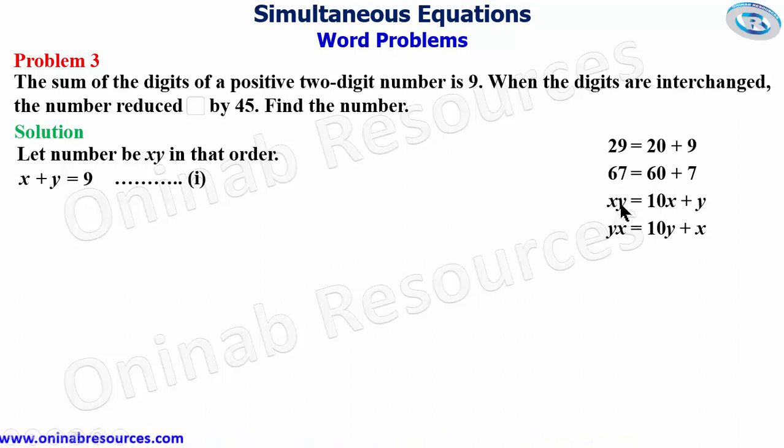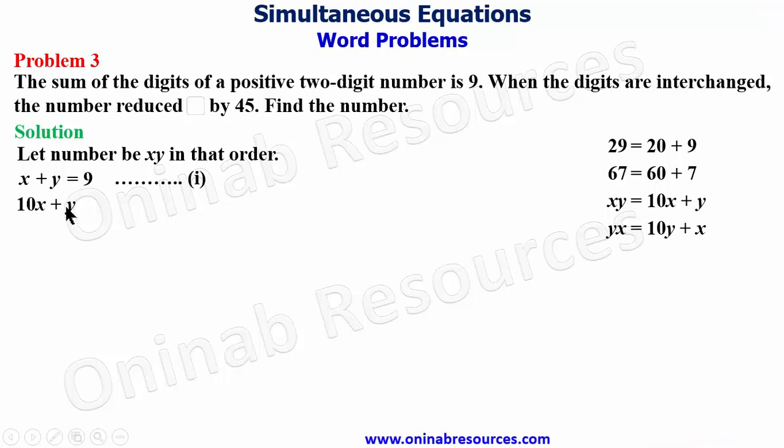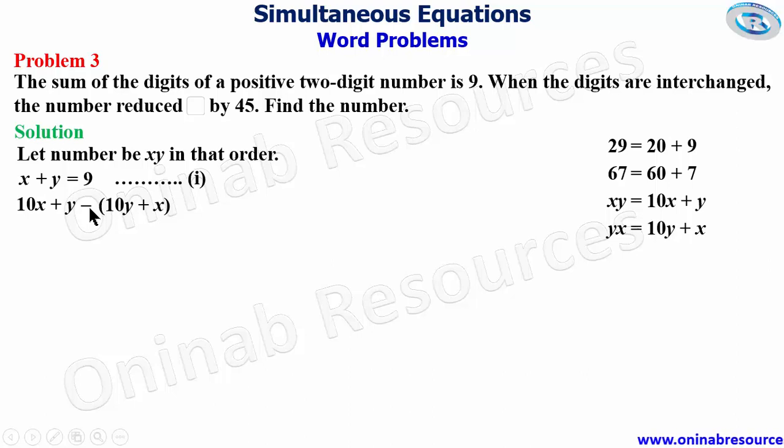Instead of writing xy minus yx to create our second equation, we are going to make use of their equivalent in expanded form. So we now say 10x plus y, then minus, when the digits are interchanged, 10y plus x. Remember, I am placing it inside brackets because of this subtraction. They now said the difference is equal to 45.